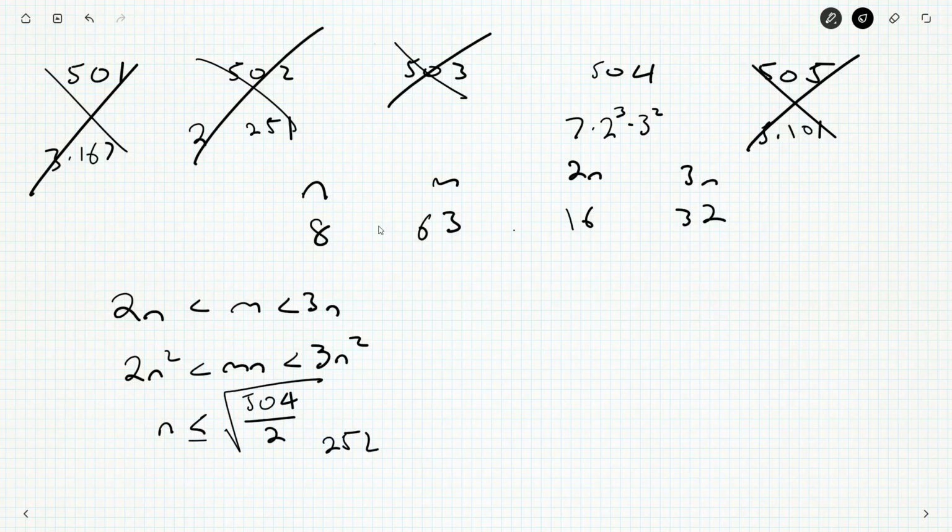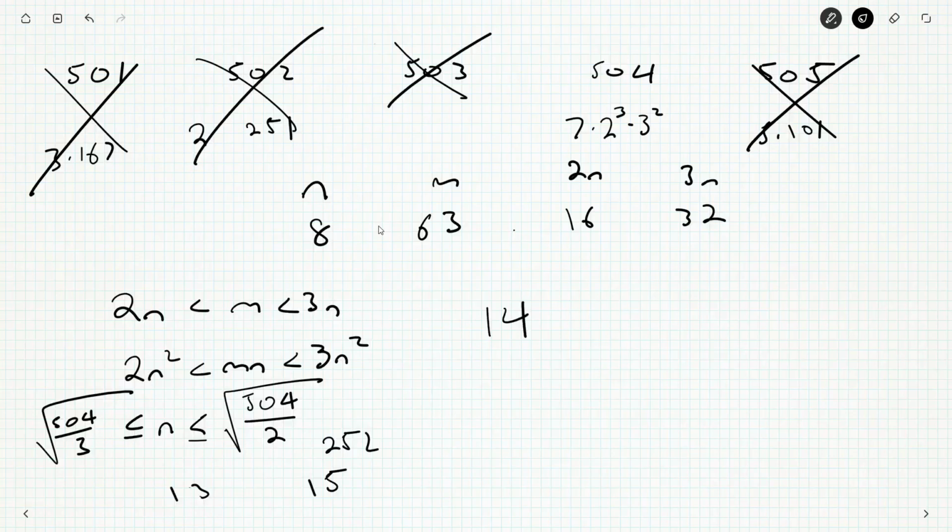So n can be at most 15, and similarly, it's also got to be greater than or equal to 504 over 3, which in this case is 168, and if I square root 168, I get 12. So it's got to be between 12 and 15. It's got to be bigger than 12. So 13. 13's not a factor here. 15's not a factor. It's got to be 14.